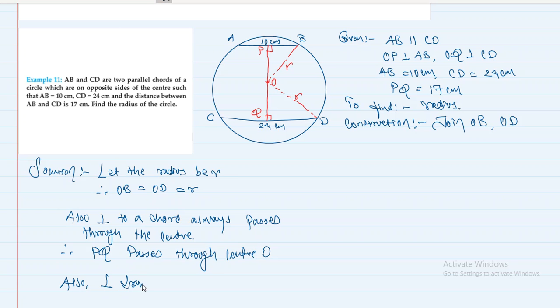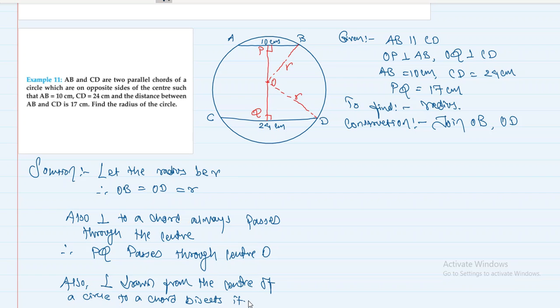And we can say that also a perpendicular drawn from the center of a circle to a chord bisects it.